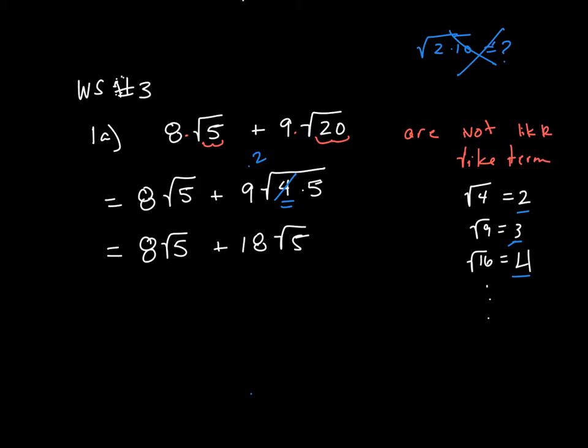Now because of that, I have what's underneath the radical are like terms. So I can go ahead and add the 8 plus 18. And that just gives us 26 square root of 5.